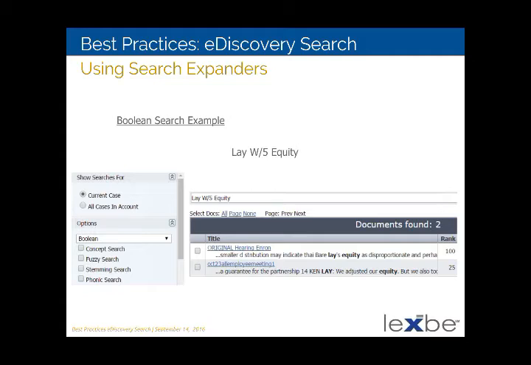And we've done Lay within 5 words of the word equity, and here we've returned 2 documents. And this is out of thousands and thousands of documents. So you can see how those Boolean operators can really help you nail down exactly what you're looking for if you're especially looking for a hot doc in preparation of a depo or another type of hearing.